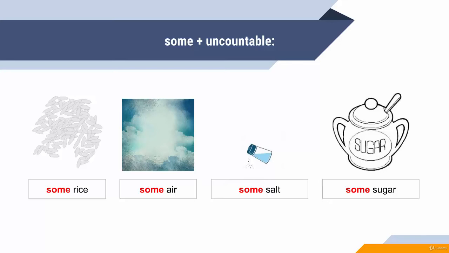When you can't count something, it's uncountable, which means that you can say either a something, a piece of, a bottle of, a cup of, a bar of, a loaf of, or just use some and you don't specify the quantity.